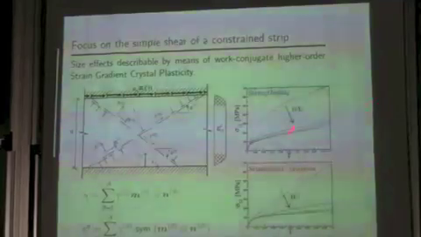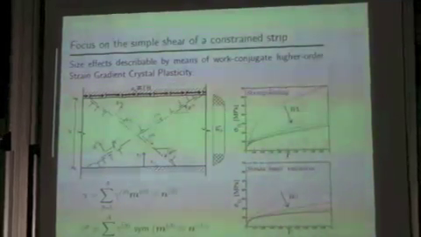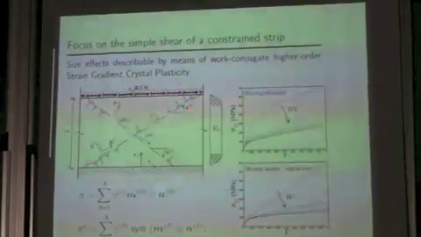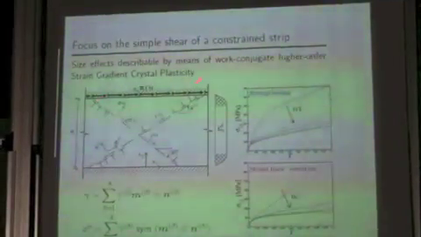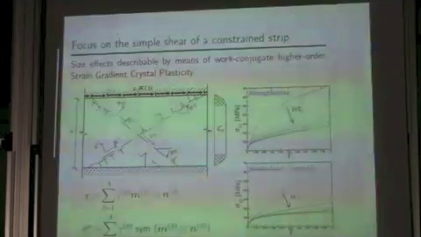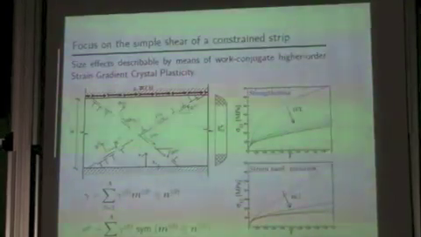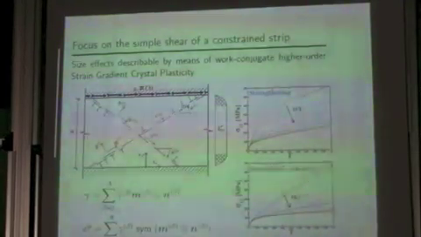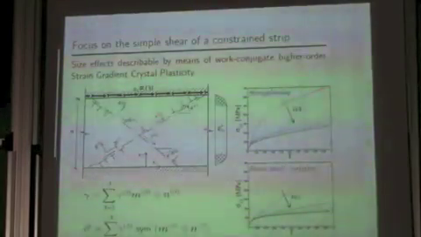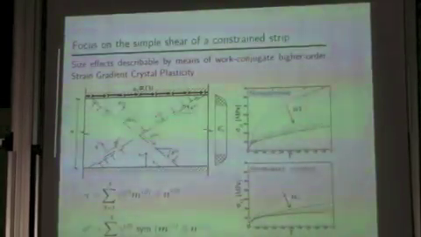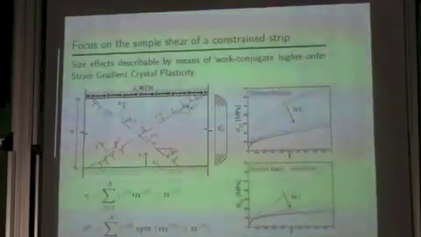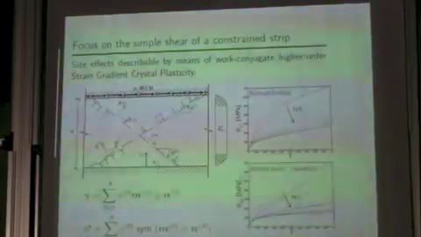M is the slip direction, N is the normal to the slip system. In this very simple plane strain case, you just see edge dislocations, and so different slip systems are just different directions on this plane. And of course, the plastic strain is just the symmetric part of the plastic distortion.